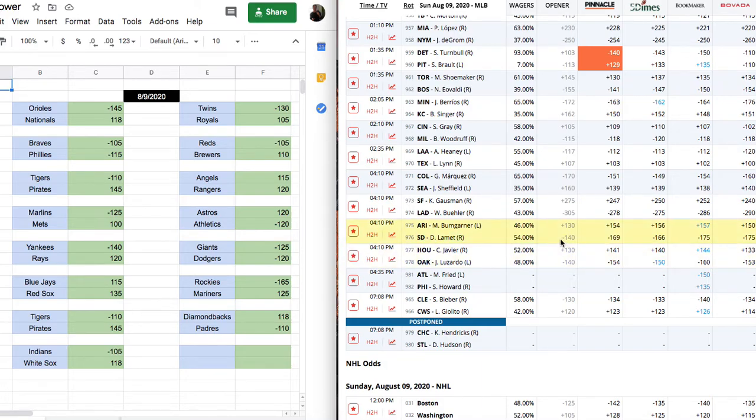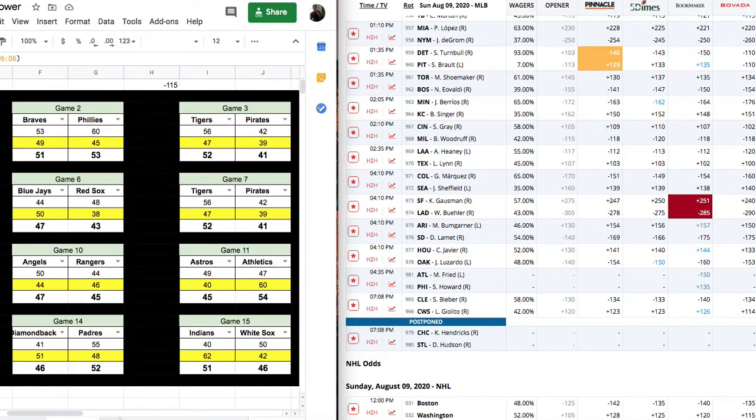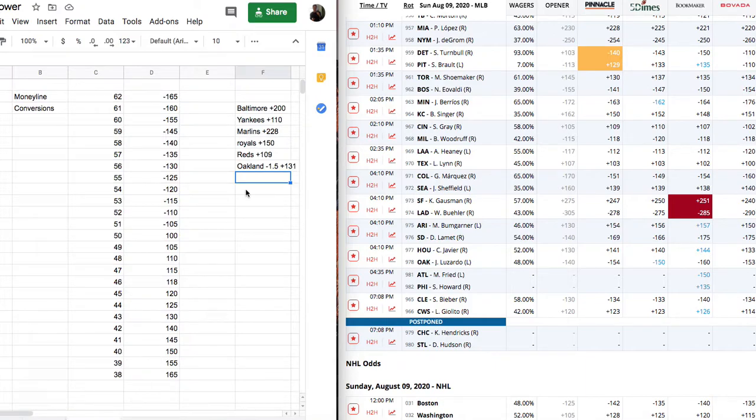However, you look over here, San Francisco +247. So obviously we would write down San Francisco at +247. And of course, the general public and the sports book has to react to Dodgers starting Buehler, but we would still write San Francisco +147. So come over here, we write down Giants +247.